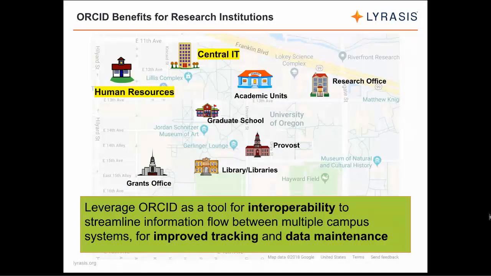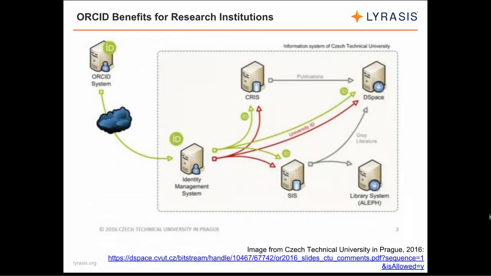And finally, central campus units like campus IT and HR can leverage ORCID in multiple campus systems to streamline information flow between systems. So for example, by linking ORCID with a campus ID management system, multiple units can be plugged into that data flow, saving time and reducing that administrative burden when common data needs to be used across multiple platforms.